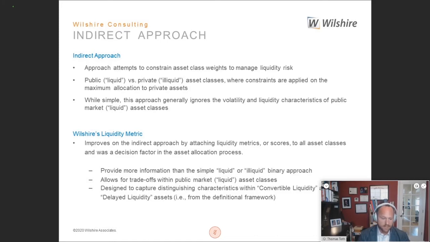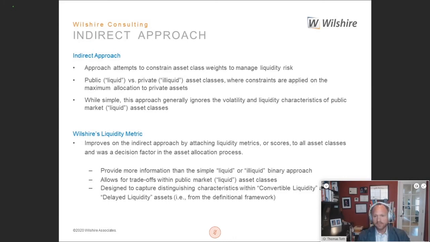And the way we've done that is Wilshire's liquidity metric, which we think is an improvement on the binary private asset versus public asset distinction within portfolio construction, because it provides more information and allows you to assess the trade-offs by capturing some of the characteristics of different asset classes in terms of their ability to be converted into liquidity in a reasonable time frame.